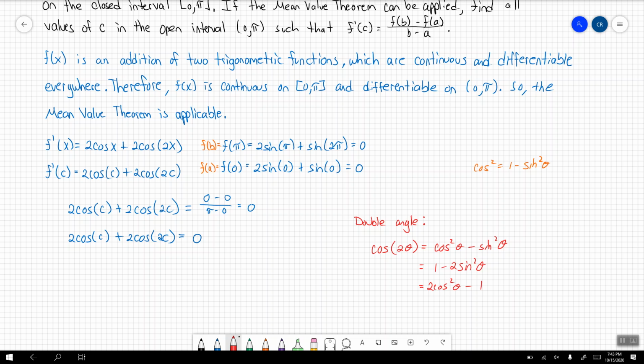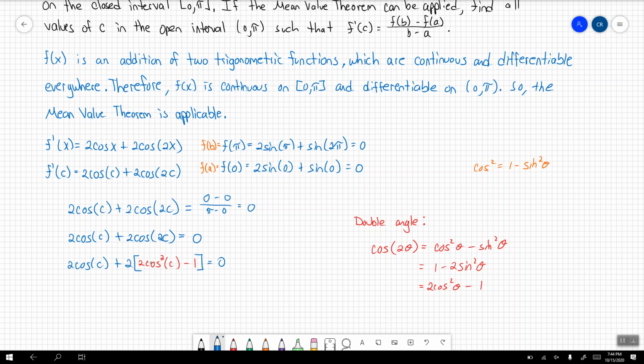And this is a value that I want to insert into my double angle here. So 2 cosine of c plus 2 times the double angle that I am inserting here, which is 2 cosine squared of c minus 1, is equal to 0.